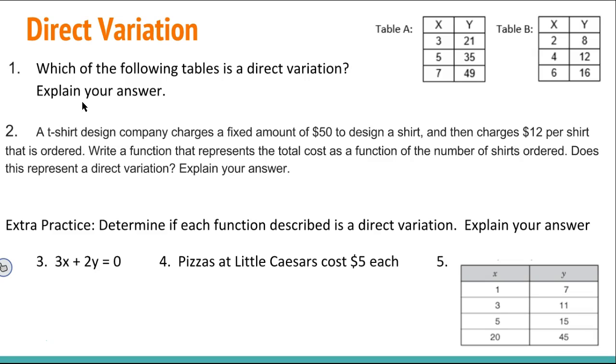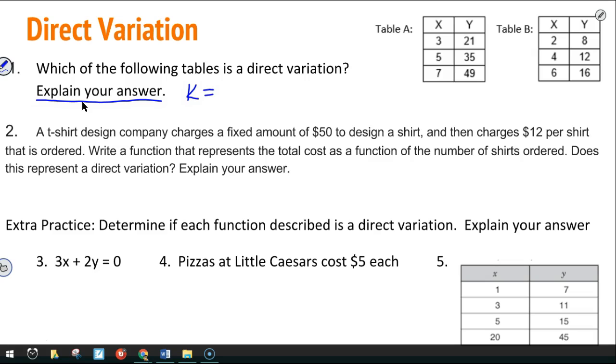For a table, here's my explanation. K, which is y over x, must be the same for every row in a table. So, look at table A. We have 21 over 3, which is 7.